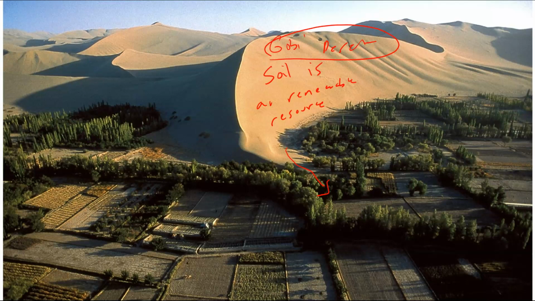And so one of the things they did, and this is what we're seeing in this picture, here's the desert, here's productive farmland, right? What they did to help prevent this desertification, is what we call that, is you'll notice right along the fringe of that Gobi Desert, they planted a ton of trees. And in fact, they actually call this the Great Green Wall, right?